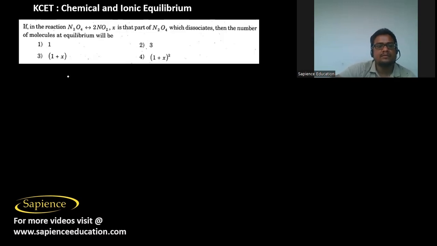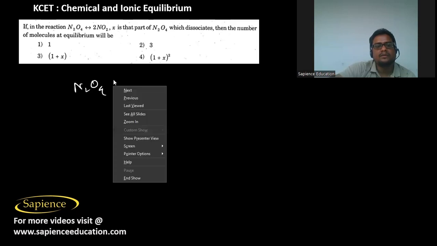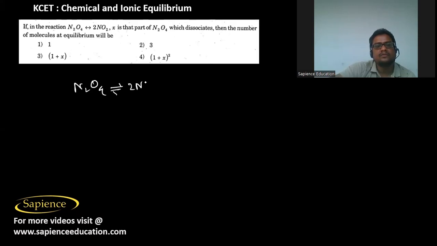And here it is told, if in the reaction N2O4 gives 2NO2, X is that part of N2O4 which dissociates, then the number of molecules at equilibrium will be.